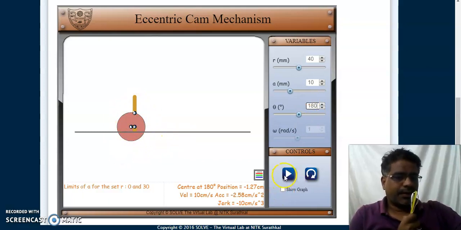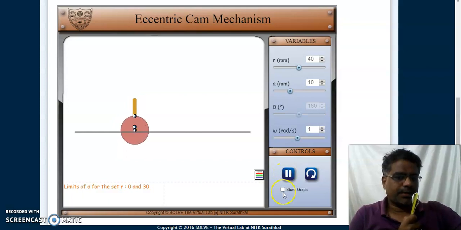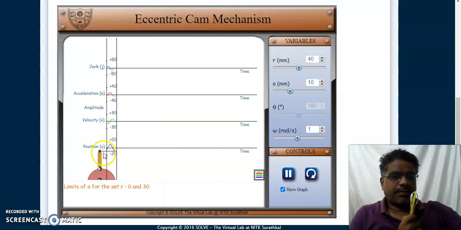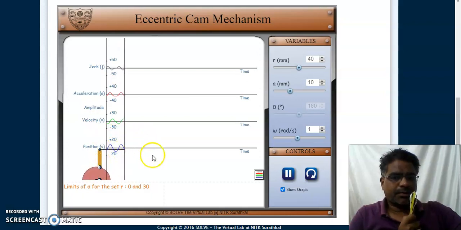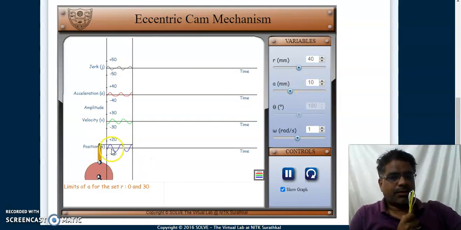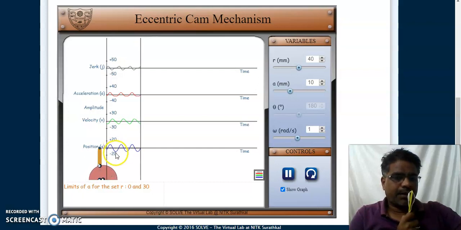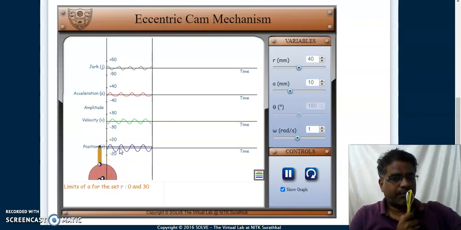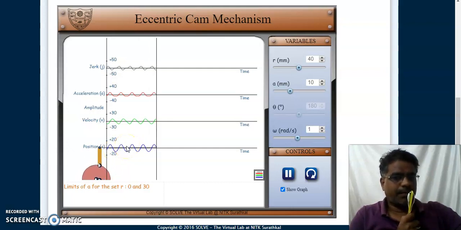Like this, if I give rotation and ask to plot the graph, I can see that because of this eccentricity I will get displacement on both sides. The eccentricity is 10, so on both sides I will get a displacement of 10 mm, on the positive as well as the negative side. So the total displacement or lift of the follower will be 20 mm.